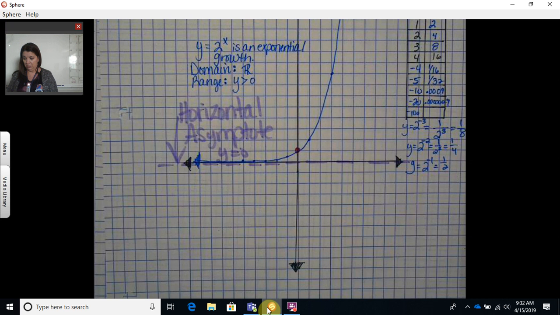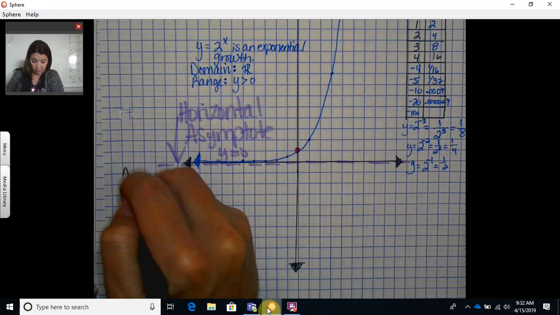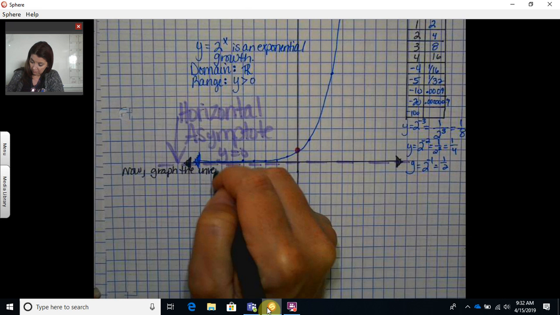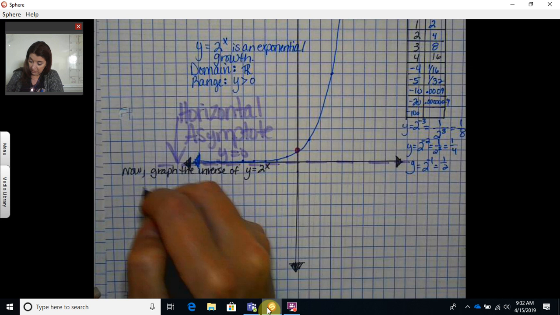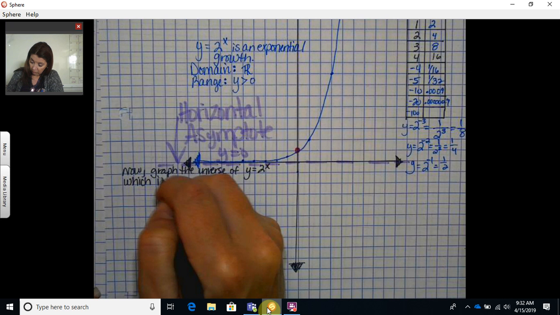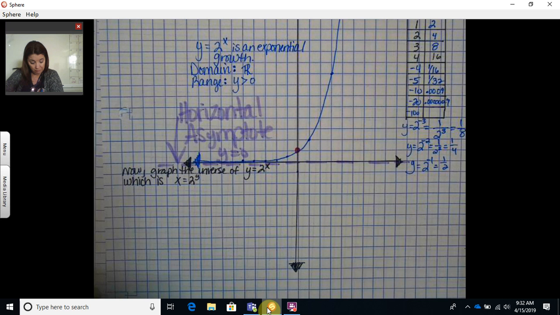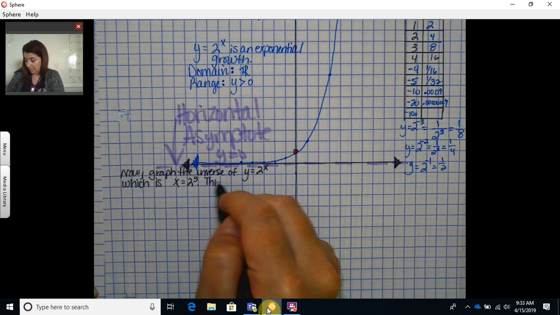So now, graph the inverse of y equals 2 raised to the x, which is x equals 2 raised to the y. This is a logarithm.